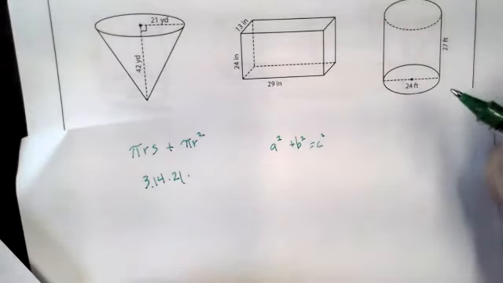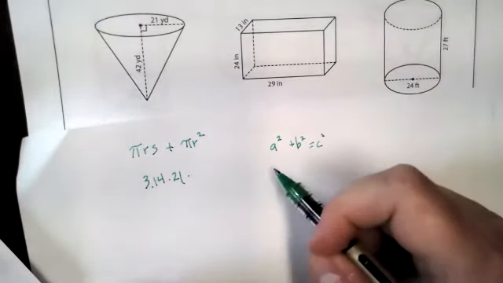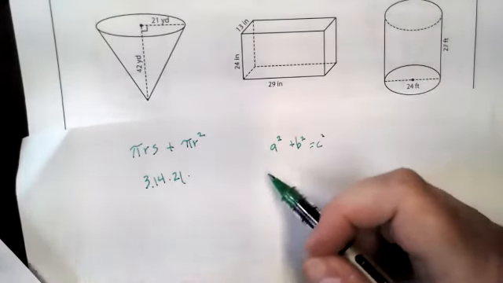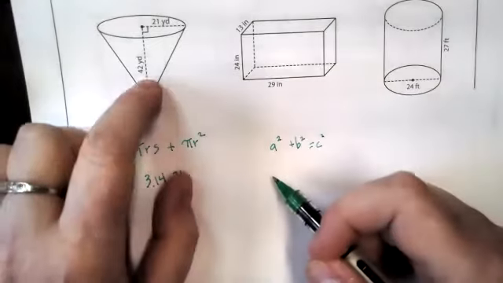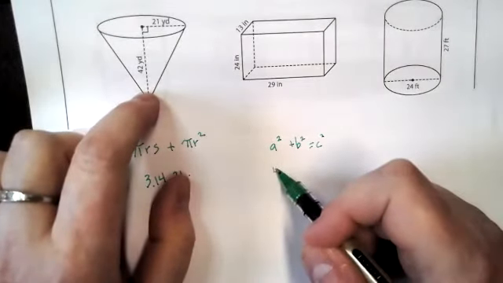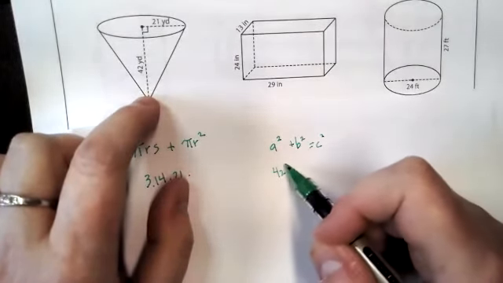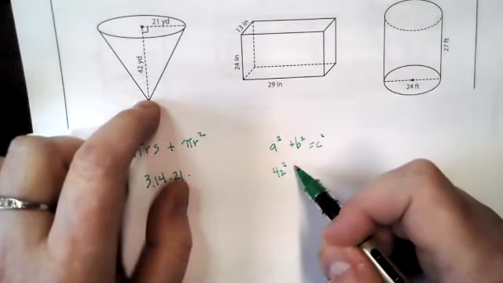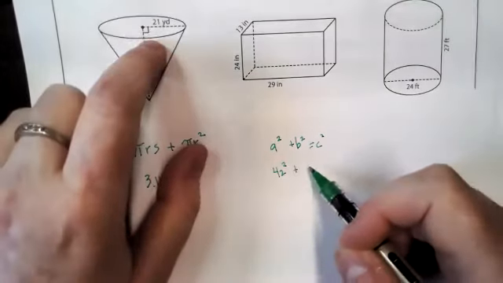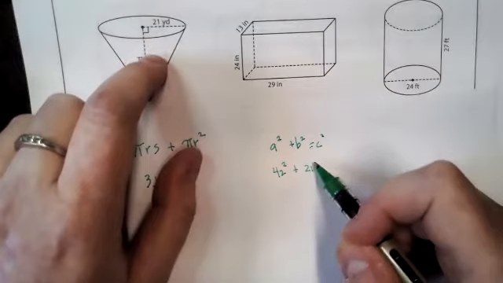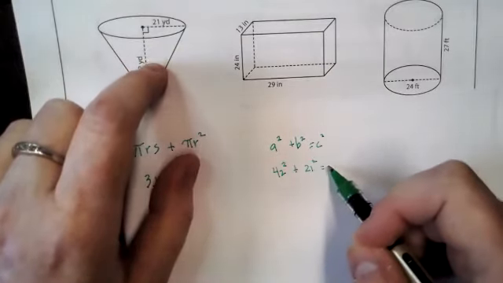It's just longer. It's more work. So we're going to take 42 squared. It doesn't really matter what order you put A and B in, plus 21 squared equals C squared.